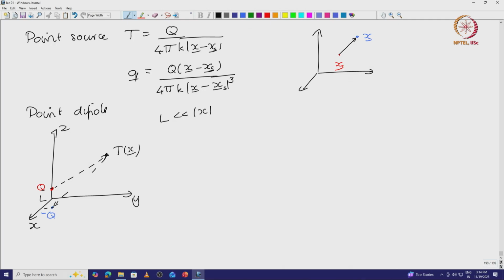So, when the distance to the observation point is much larger than the distance between the source and sink, what is the temperature field? This is what is called a point dipole.